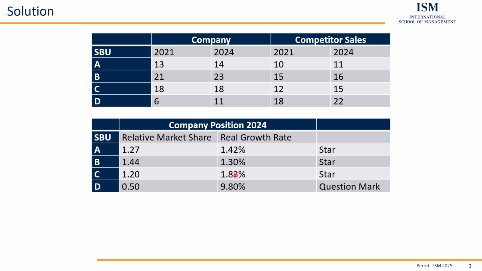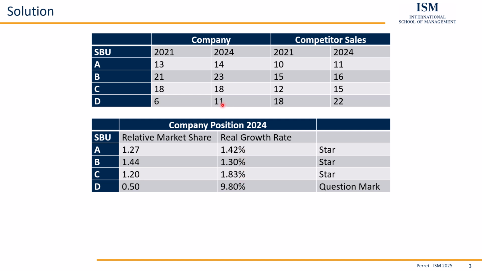Same thing for C. 18 plus 15 divided by 18 plus 12, so 33 divided by 30 to the power of 1/3 minus 1 minus inflation rate of 1.4%, gives me 1.83%.